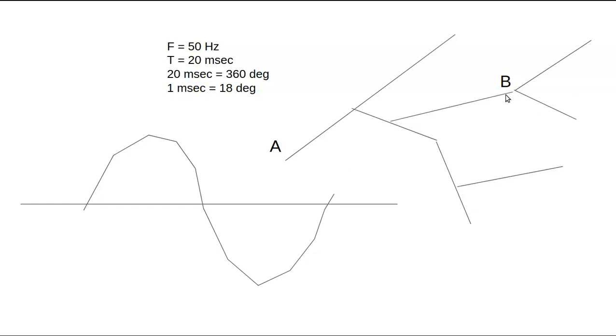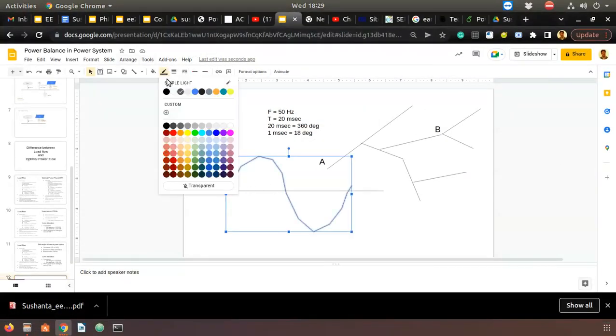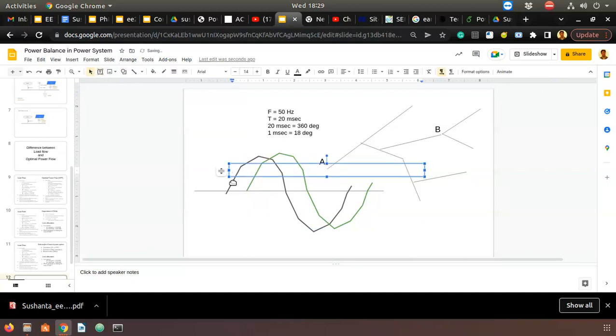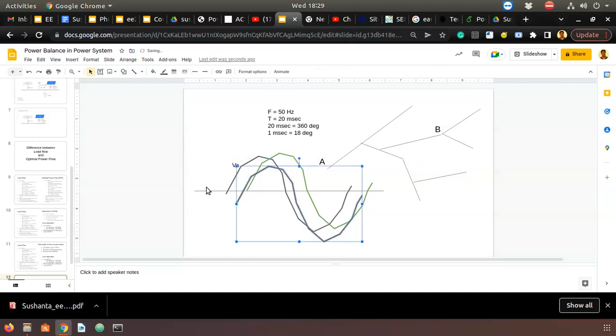and if you want to measure the angle, how to measure the angle? If you have two waveforms, this is one waveform, another waveform. Let's give it a different color. Let's say this is VA and this is VB.